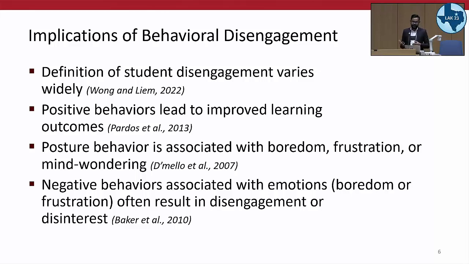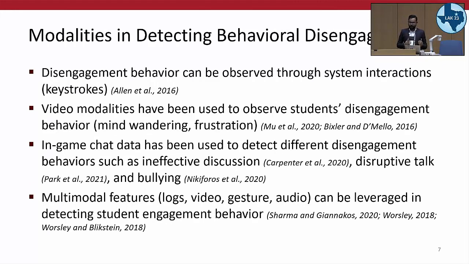In terms of detecting behavioral disengagement, prior work has used different modalities. For example, keystrokes have been used to detect disengagement behavior. The video modality has been thoroughly used to understand when disengagement happens, like mind wandering and frustration.